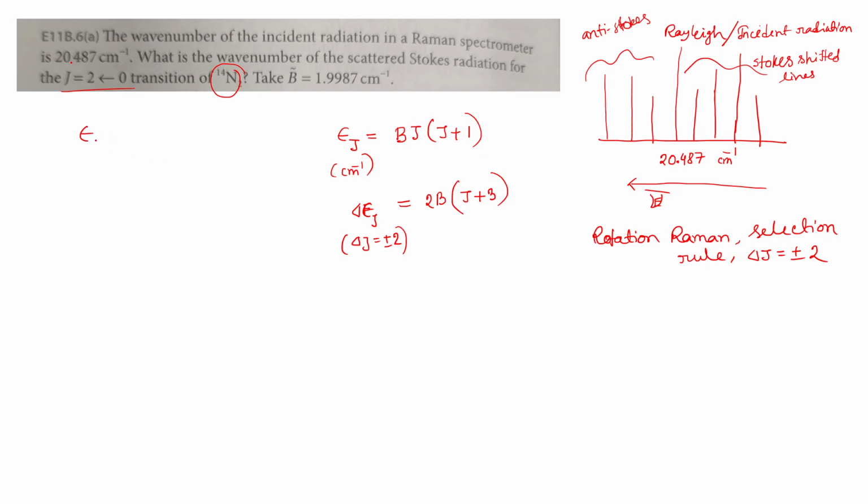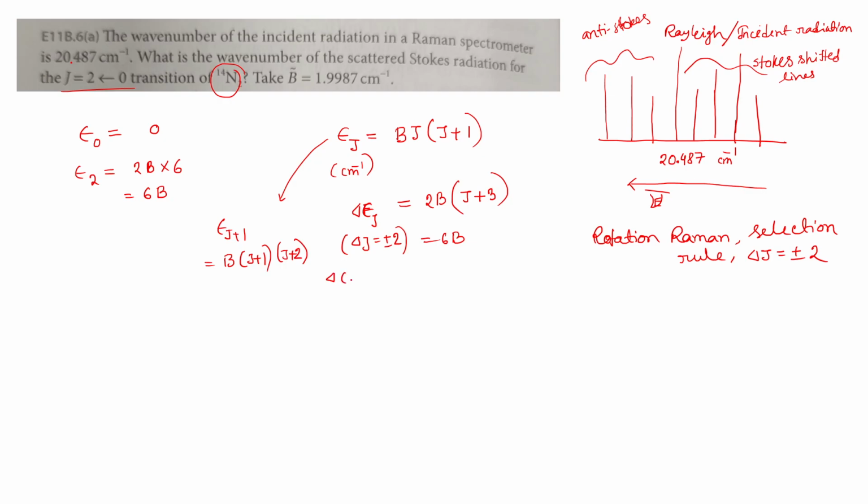So the energy of J equals 0 is 0. The energy of the rotational level J equals 2 will be B into 2 into 3, that is 6B. What about 0 to 3? Yeah, I think we are doing a fair job. Let us actually calculate. The energy of level J plus 1 will be B into J plus 1 into J plus 2.